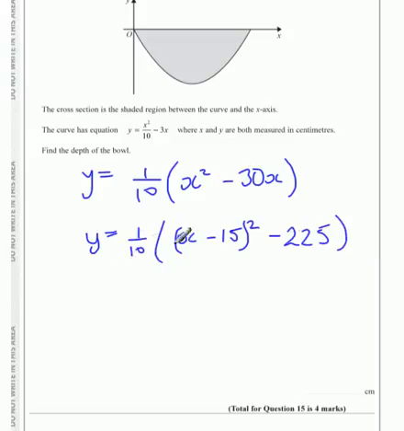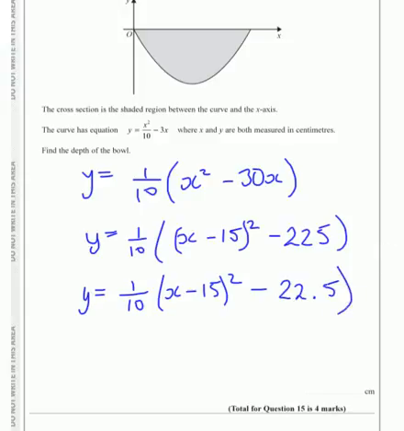We can now expand this back out again, which is going to give us y equals minus 1/10 x minus 15 squared, and then 1/10 of the 225 as well, so 22.5. And we don't need the bracket on the end.